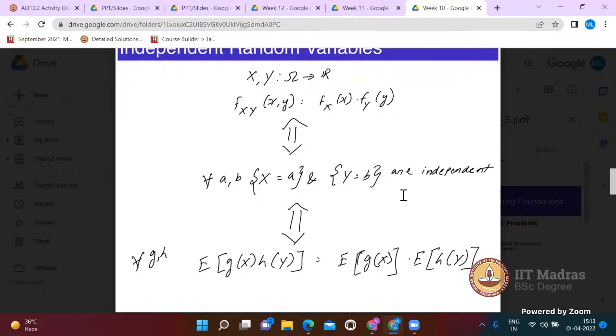If you have calculated the marginal distribution fixing x equals 2 and fixing y equals 3, the product should equal the joint probability of x equals 2 and y equals 3, and this should hold for each of the values, not for only one. If for any value the product is not equal to the probability of x equals some x and y equals some y, then it's not independent. It's a dependent one.